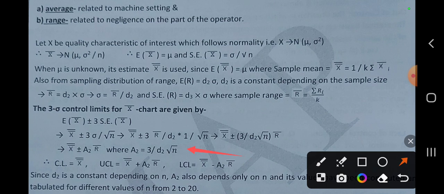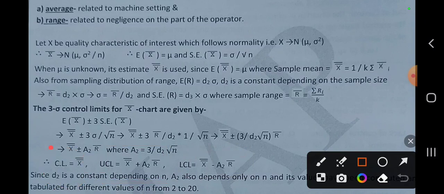So therefore, what is my central line? The central line is equal to X bar bar. And what is my upper control limit? For the upper control limit we take X bar bar plus A2 R bar, and for the lower control limit the value is X bar bar minus A2 R bar. So these are the 3 limits.